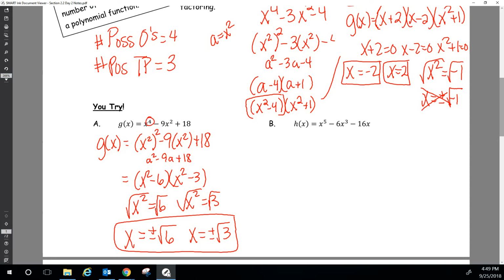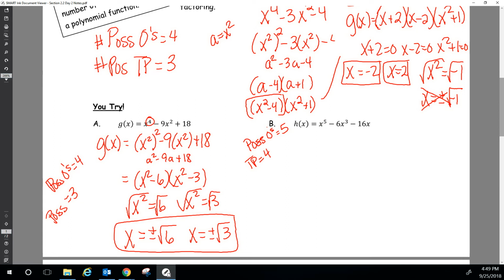That 4 means the possible zeros we have is 4, and there are 3 possible turning points. It's always going to be 1 less than the zeros, so 3. All right, looking at B, let's start with that part. Possible zeros for B would be 5, and the turning points would be 5 minus 1, which is 4.